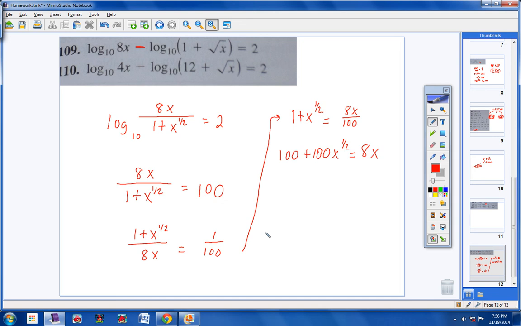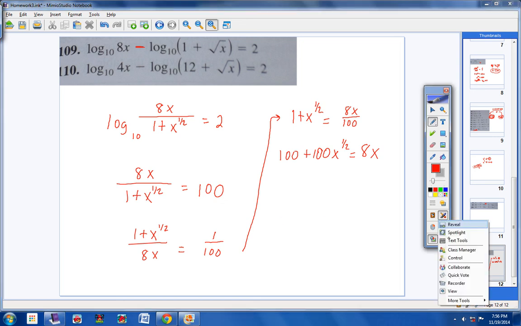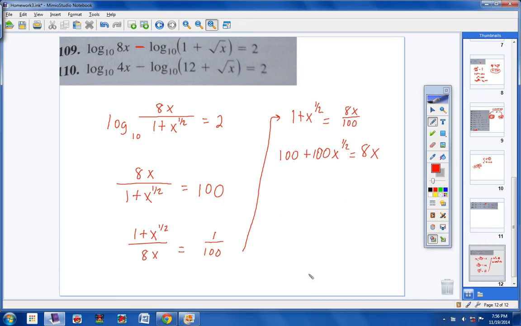Okay, alright, now I'm going to go ahead and make this entire equation a little smaller by dividing everything by 8, just to make it easier. So now I have x, 100 divided by 8 would give me 12.5.